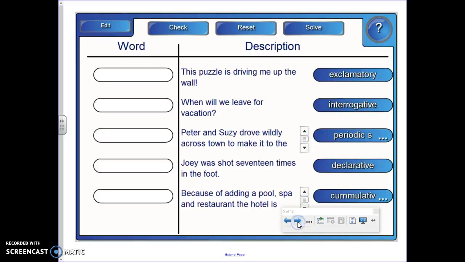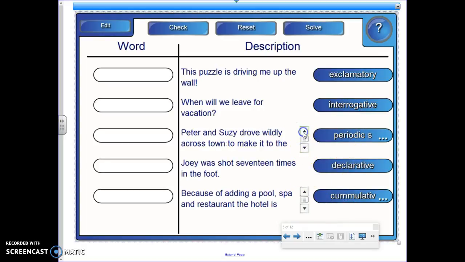Okay? This next one, combining all of the idea of the exclamatory, interrogative, periodic, declarative, and cumulative, I want you to write these down and label them. Okay, so this is more review. Again, pausing, I will move these so you can see the bottom part of the sentences.